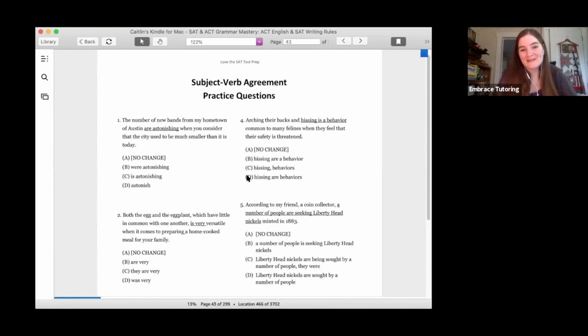Choice C would read as: arching their backs and hissing behaviors common to many felines when they feel that their safety is threatened. I'm going to say that with this one, we're missing something.